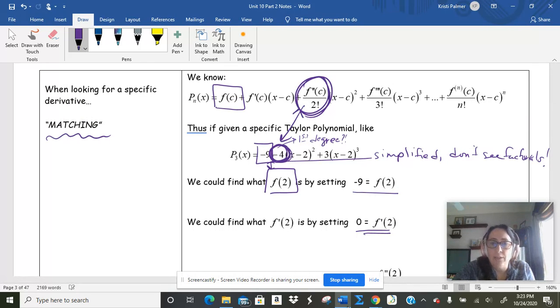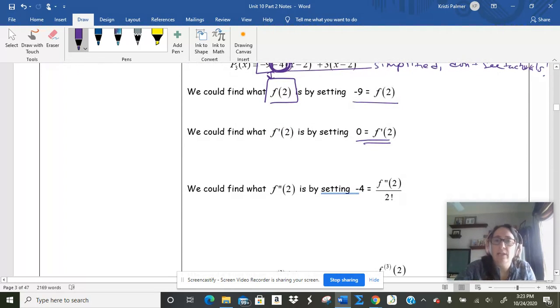So I'm going to match by setting those two equal at the 2 in this case, and I'm going to have to solve for f double prime of 2. So I set the -4 equal to that general statement. And now if I want to find what f double prime of 2 is, I can take -4 times 2 factorial.